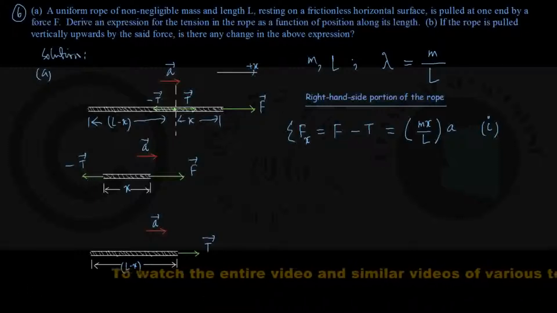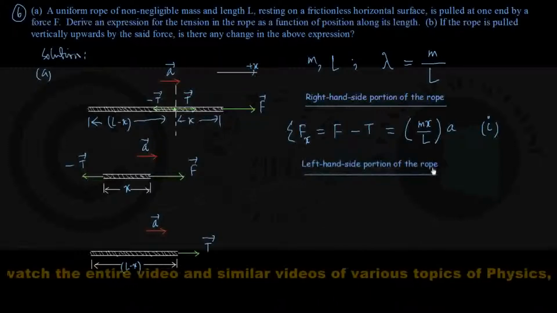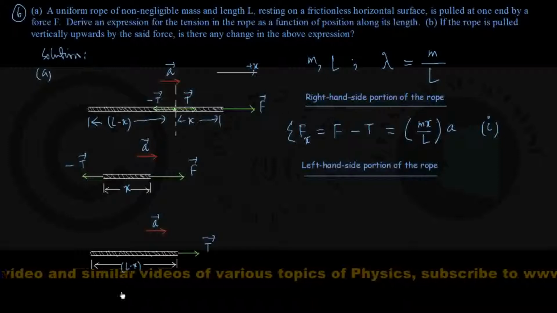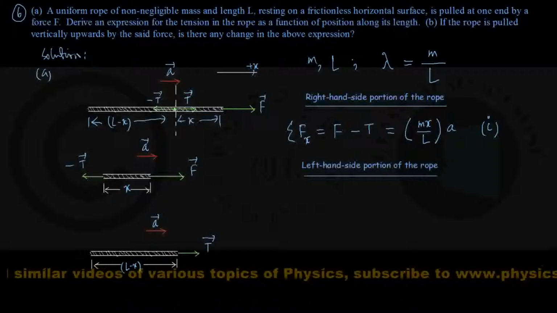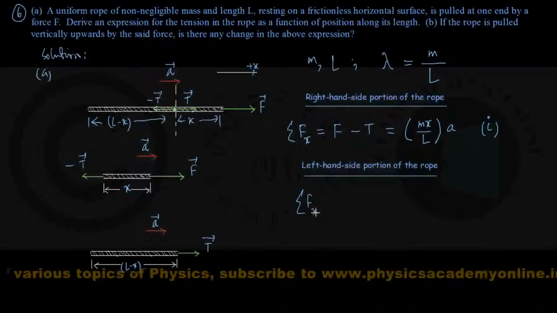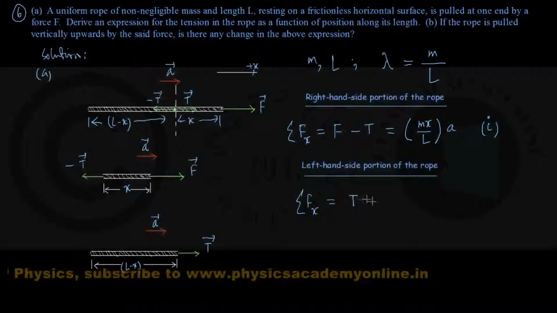Similarly, let's proceed now to write down the equation of motion of the left hand side portion of the rope, and that is of course this portion here. So looking at the figure once again, you could write down that sigma Fx, the net force acting on this portion, is the only force of tension that drags the portion to the right.